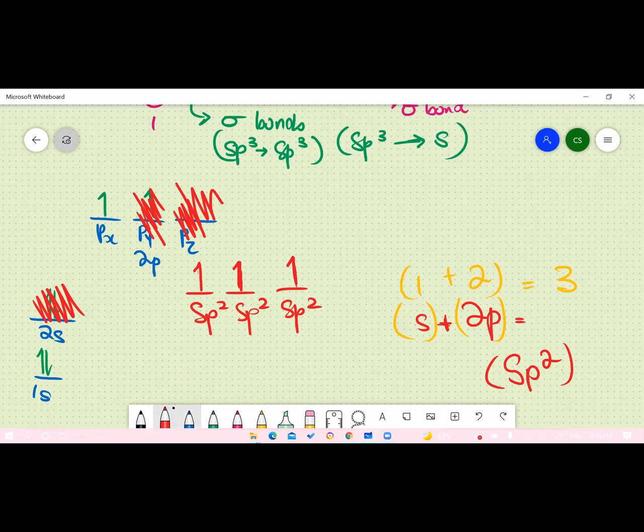So basically, you would have one of the s electrons being promoted to this empty space. All right? So that's what happens.